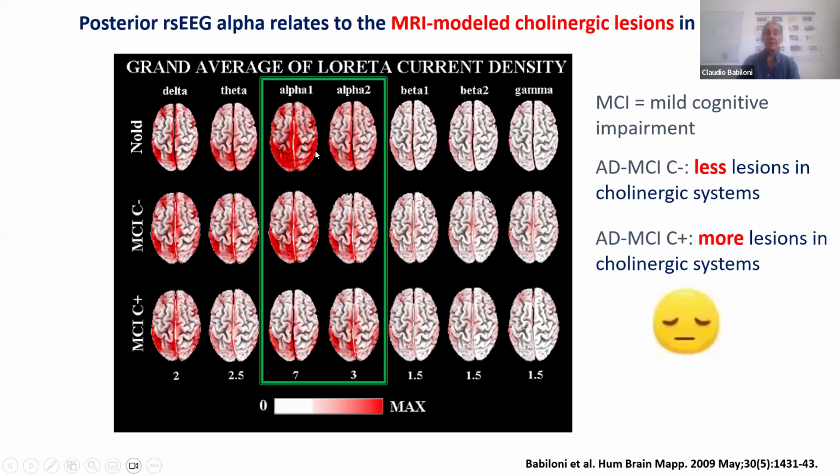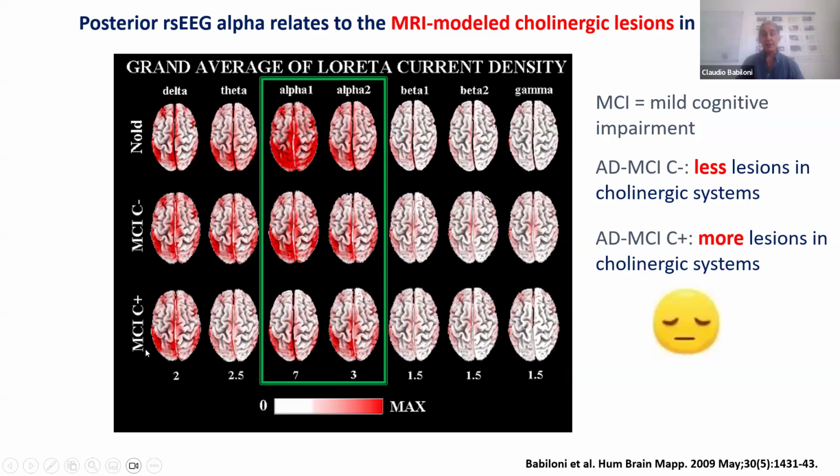When compared to normal elderly subjects, in the upper line, the patients with mild cognitive impairment due to Alzheimer's disease with less cholinergic lesions, C minus, show a drop of alpha compared to normal subjects, but still evident in the posterior areas.